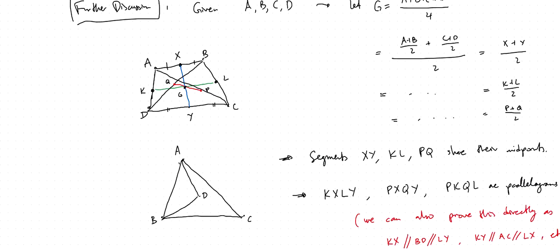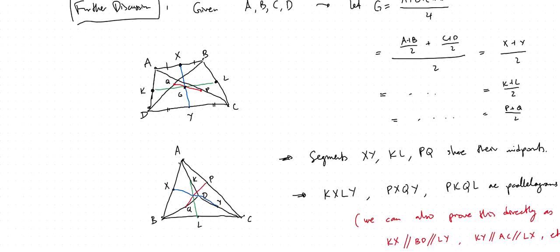So I'm going to use the same names: X, Y is this one, and K and L. K is this one, L is this one. This is Q, and this is P. So the red one here is this one. The green one is this one. The blue one is this one.